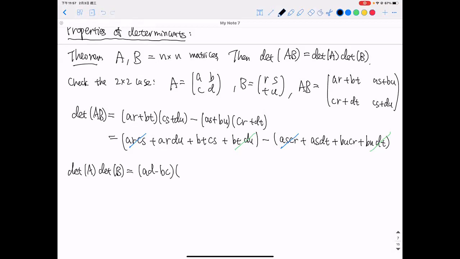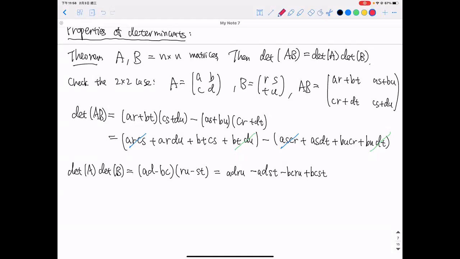The determinant of B is RU minus ST. So once again, there's nothing we can do but to expand: ADRU minus ADST minus BCRU plus BCST.